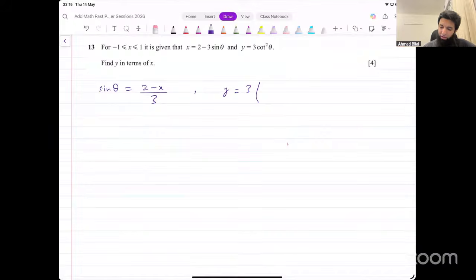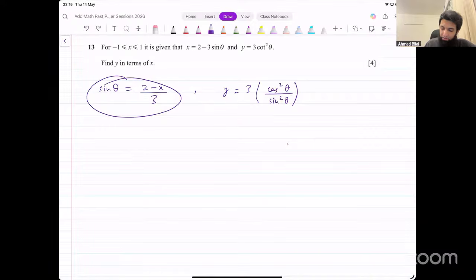Now in this, cot can be written as cos over sine, and then we can input this. Okay, so that's actually not that complicated. Cot square we can write as cos square theta over sine square theta, right? Tan is sine over cos, so cot is cos over sine. Now we have sine theta given here.